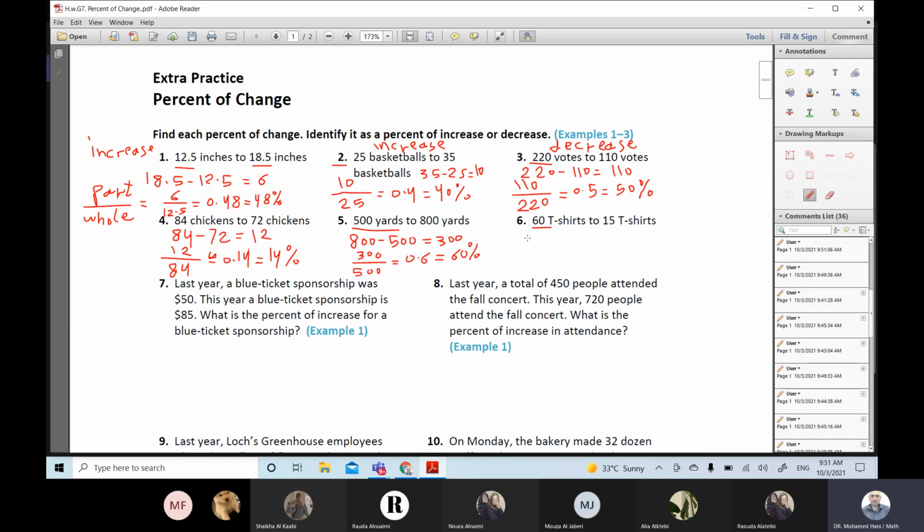So we want to find the amount of decrease. So we can write here 60 minus 15 will be 45. Then we can use the rule. The part will be 45. Divide by the basic will be 60.